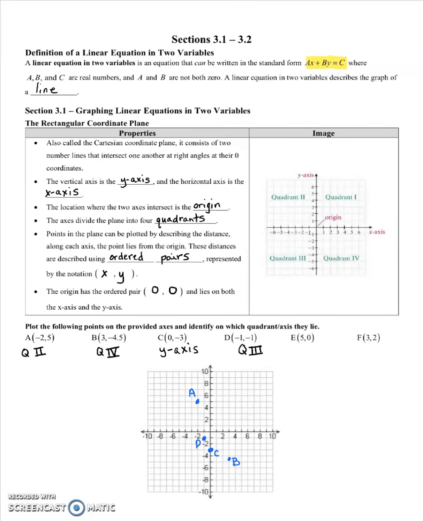Point E is (5, 0). So we go to +5 on the horizontal axis, and we don't go up or down at all. We stay at 0 vertically. So it is right there. And that point is then on the x-axis.